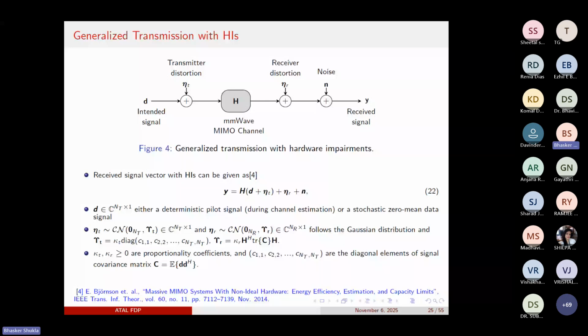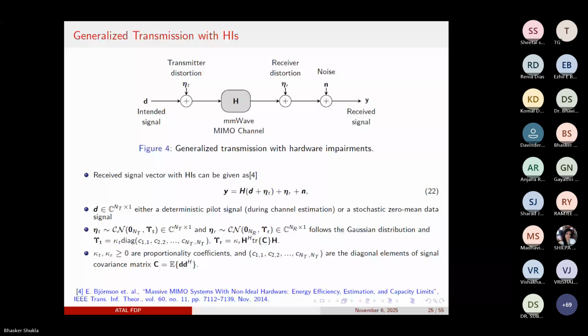N noise corresponds to thermal noise, and these distortions are also noise that arises due to the IQ imbalance of the local oscillator and saturation of power amplifiers and other circuitry. So these also are considered to have a Gaussian distribution.